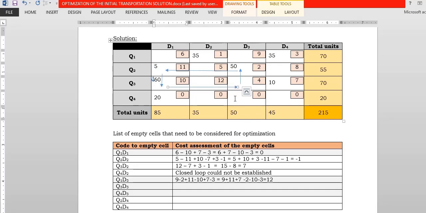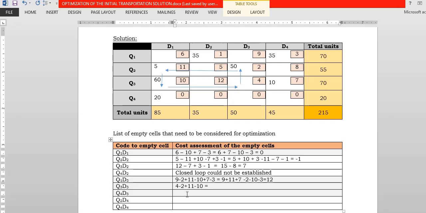So again, assign positive, negative signs in an alternating manner. We start with where we started from. That is a 4 minus 2, then plus 11. Remember, I'm just adding the cost and subtracting the cost. So it is 4 minus 2 plus 11 and minus 10.